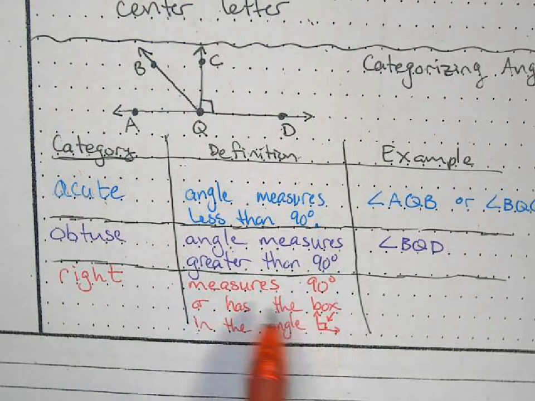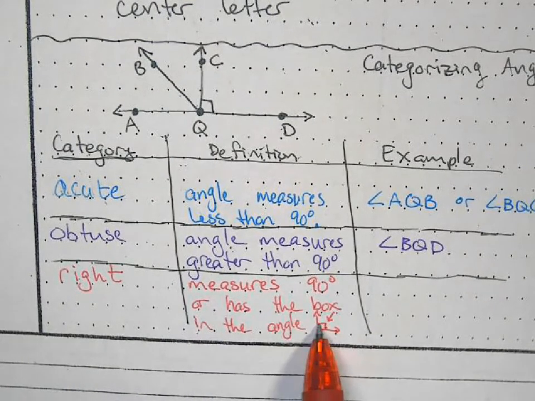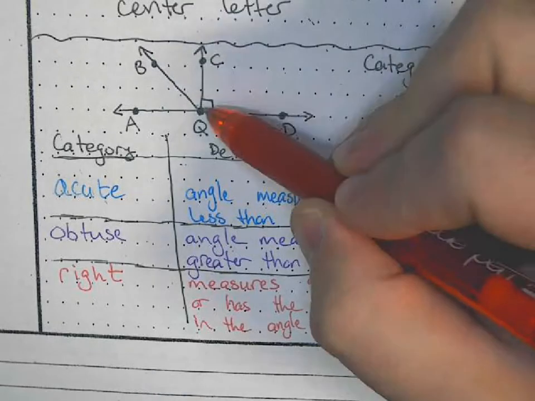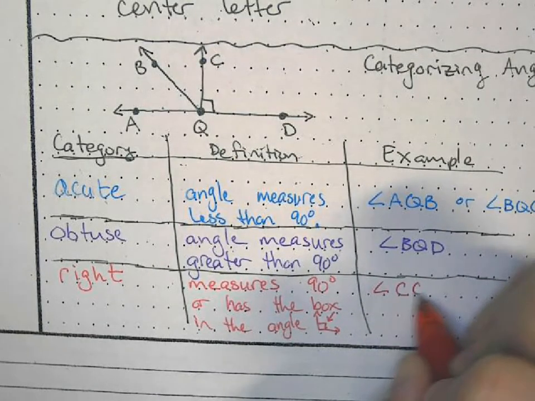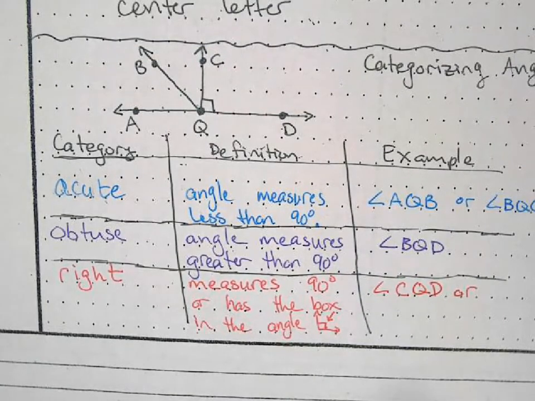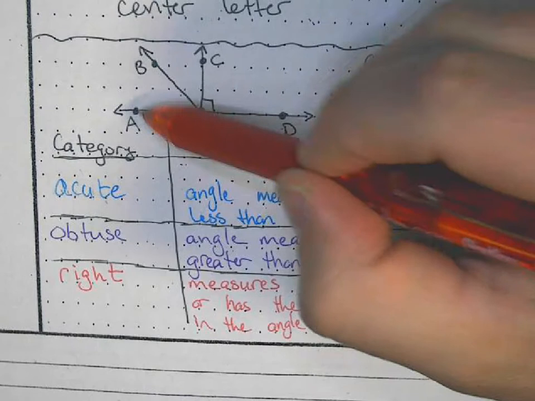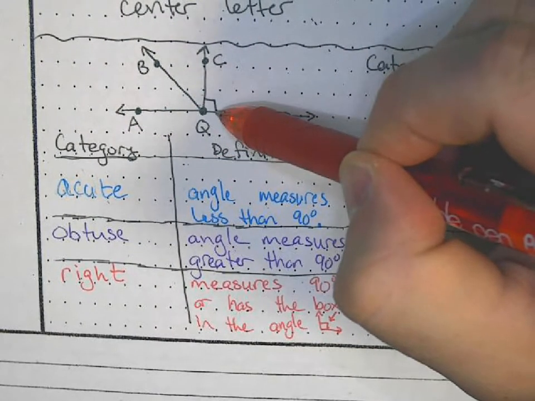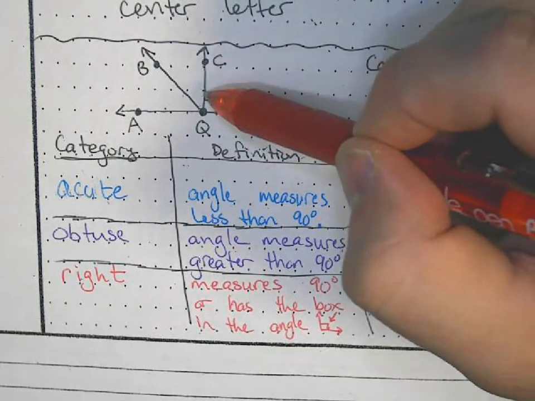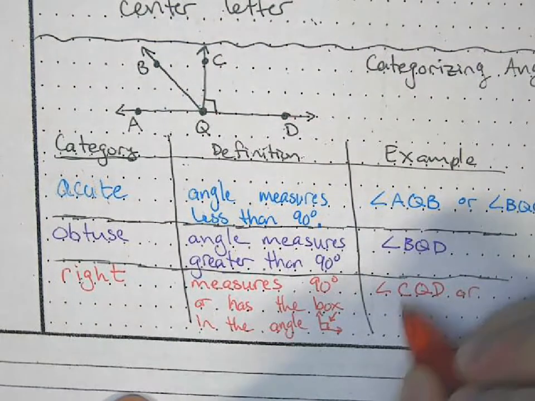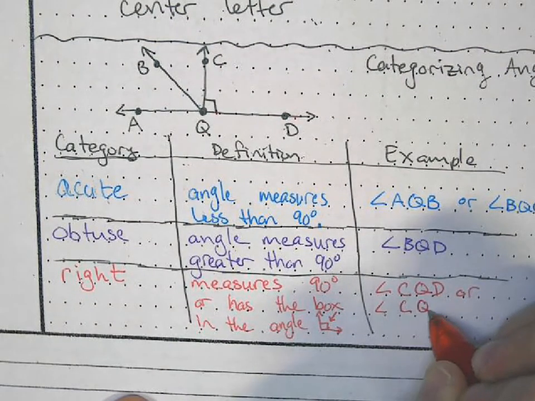So we either have a measurement of 90 degrees or we'll have this little symbol right here. And for this one, I see CQD. And there's two of them for this one. The reason is that if this whole line is 180 degrees and this side's 90, then we can infer that the other angle on the other side is 90. So we could say CQD or angle CQA.